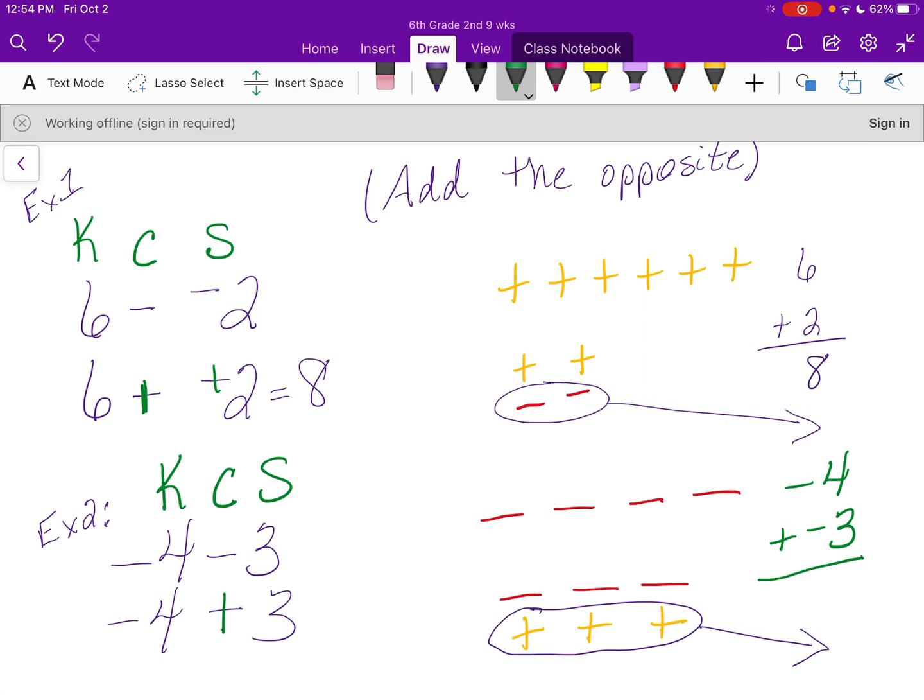So we have to change this +3 to a -3. So we keep the -4, we change the subtract to add, and the +3 becomes a -3. Keep, change, switch. And then 4 negatives and 3 negatives gives us 7 negatives.